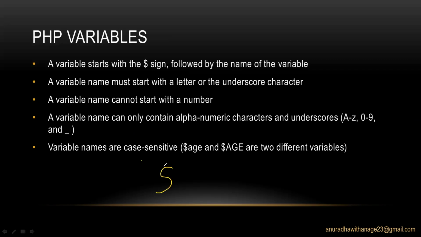For example, if I write dollar underscore marks, this is a correctly written variable name. And if I write dollar marks, this is also okay.